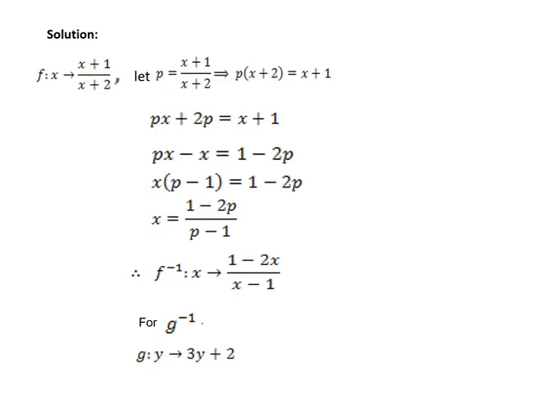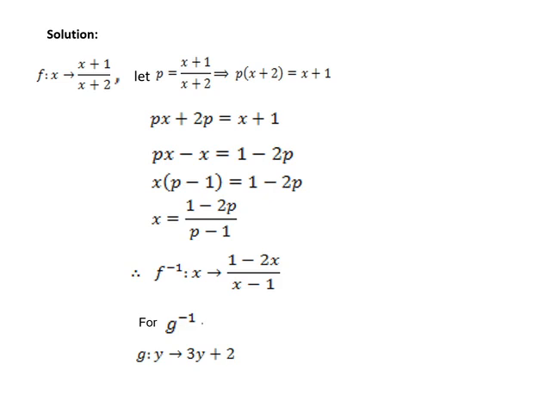Then we represent f of s with any variable, here it is represented as p. f of s is represented as p, which is equal to s plus 1 all over s plus 2. Mind you, we want to get f inverse. That is why we are going into this process.